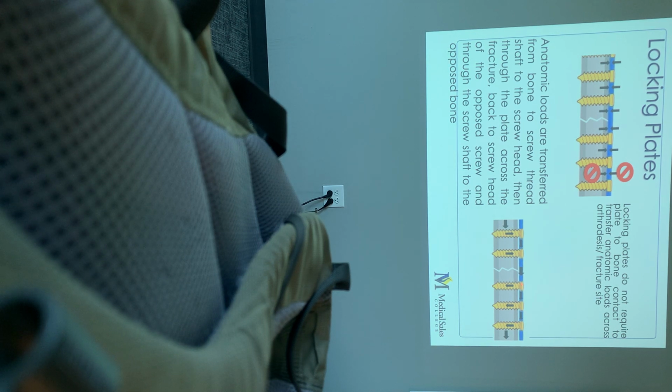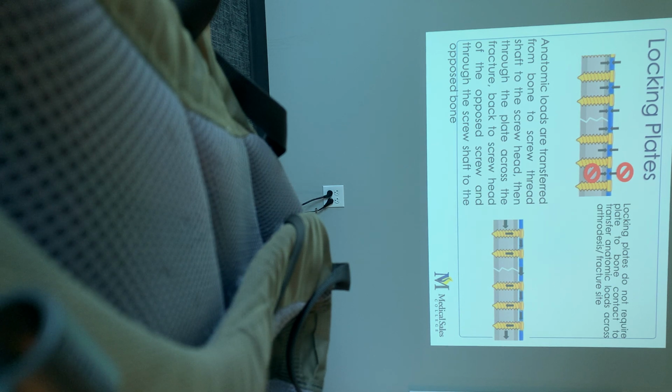And so the screw heads and the plate are one. And so therefore, you have this stability and then the nearest cortex for stability. So you can use unicortical screws, whereas in the other plates you have to use bicortical screws.